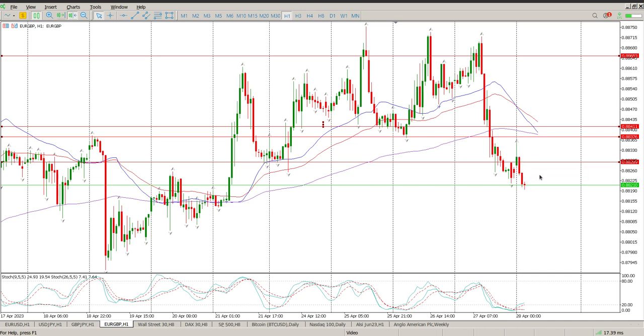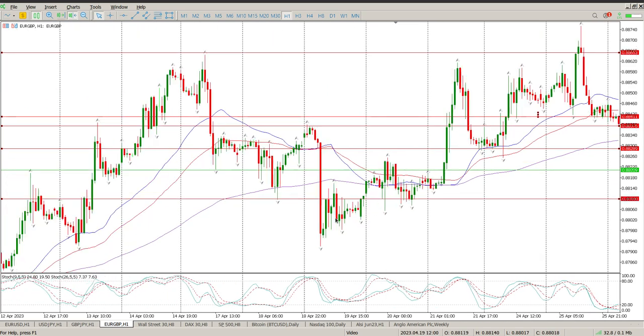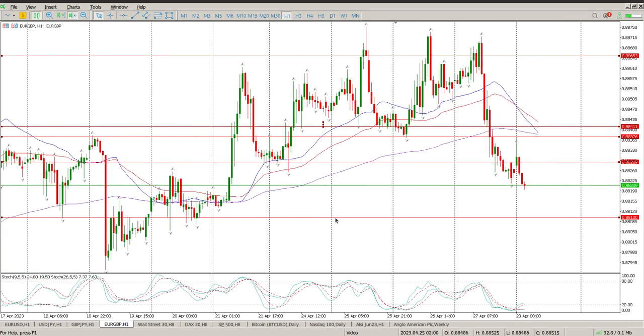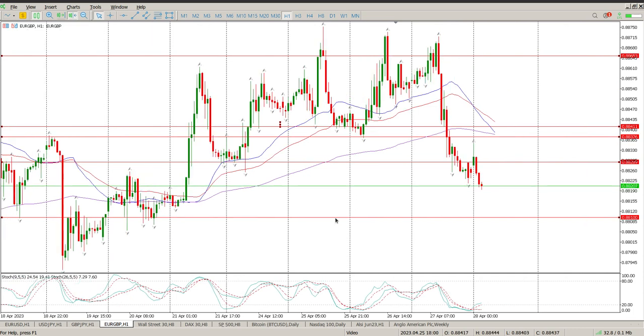So watch the first eight one-hour bars. If we stay below this and we start rejecting this area inside there, then you're looking for a move down. First target area is going to be here, at 0.88100. I don't think we'll get beyond that today, but that's the setup that there is.